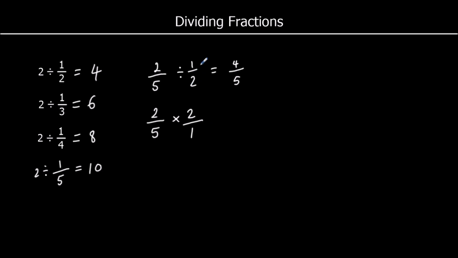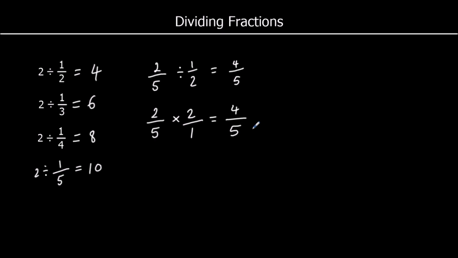So if we flip over the second fraction and change it to a times, when we multiply fractions, we times the 2 numbers on the top, so 2 times 2 is 4, and times the numbers on the bottom, 5 times 1 is 5.